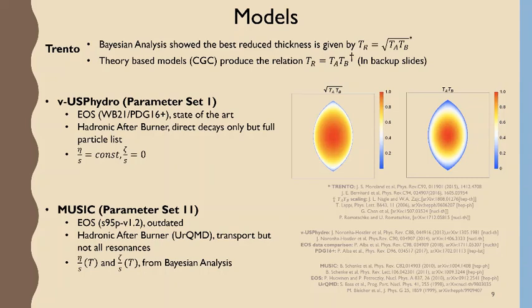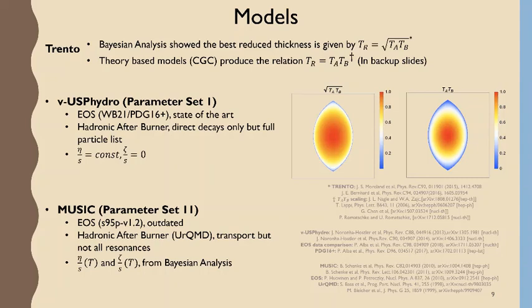So then we use two different hydrodynamic evolutions to look at what those effects would be. The first one is using this VUSP hydro code, which uses a state-of-the-art equation of state, at the time, with a hadronic afterburner, which contains only full direct decays, but has a full particle list.